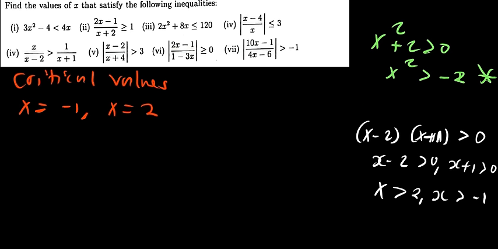We reached the point where we had x squared plus 2 divided by x minus 2, x plus 1. So that was greater than 0, that part.